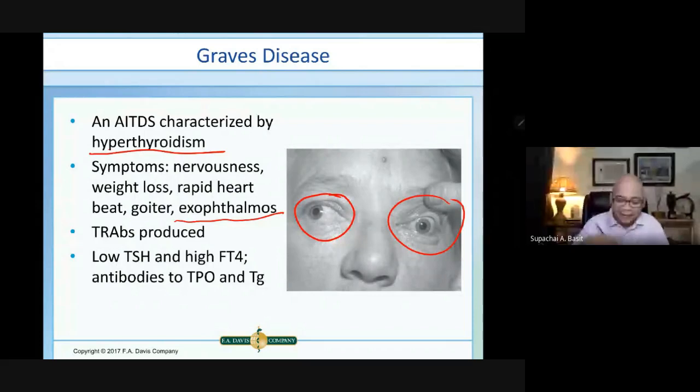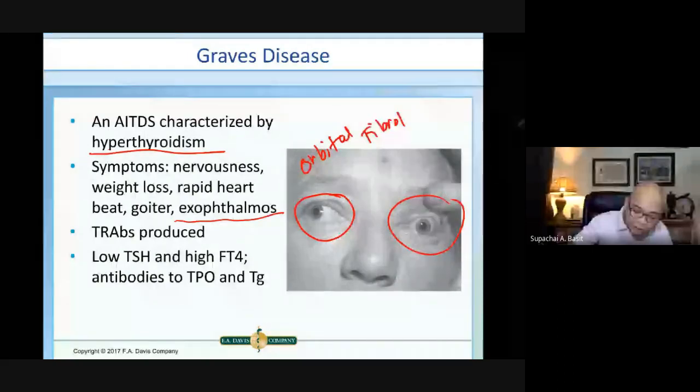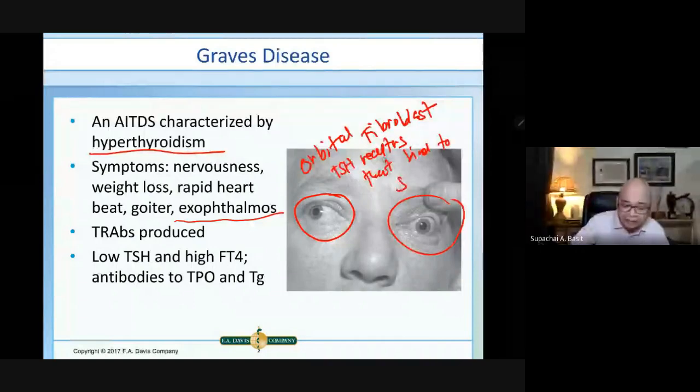Orbital fibroblasts, which are the connective tissues found in the eyes, will express TSH receptors that can bind TSH. Usually, you produce antibodies against the thyroid receptor.